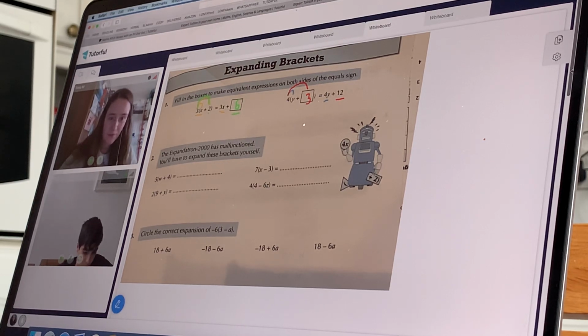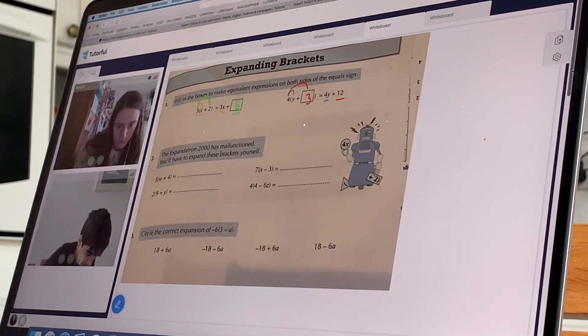The next question, the expand. The Expandatron 2000 has malfunctioned. So you'll have to expand these yourself. Do you want to try the first one? Yes. Okay, so 5 times w plus 4. 5 times w equals 5w.